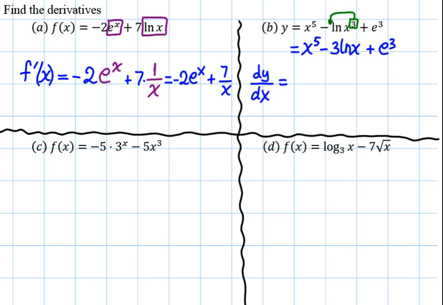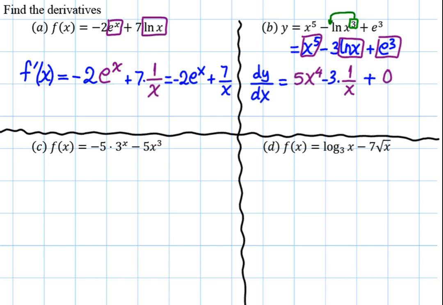Right. The derivative of x to the fifth is 5x to the fourth. The derivative of ln of x is 1 over x, and e cubed is a constant, so the derivative is 0, right? We still have the minus 3 times 1 over x, that's the constant multiplier, and then the plus 0.